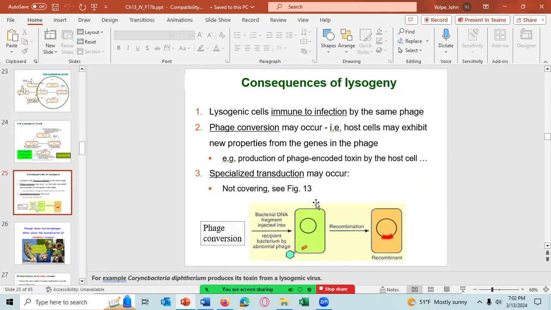So this cell, before being infected with a lysogenic virus, could not produce the diphtheria toxin. However, Corynebacterium diphtheriae, once it's infected with a lysogenic phage, can produce the diphtheria toxin. Any questions about that?